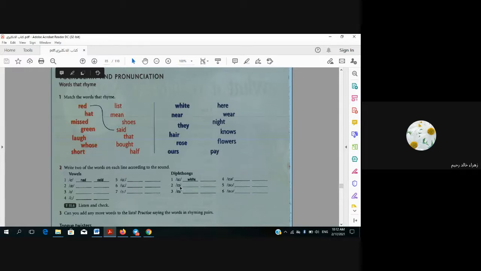Ear: near or here. And A: day, bye. Air: hair, where. And O: rose or nose, ow: flowers. Yes, excellent.